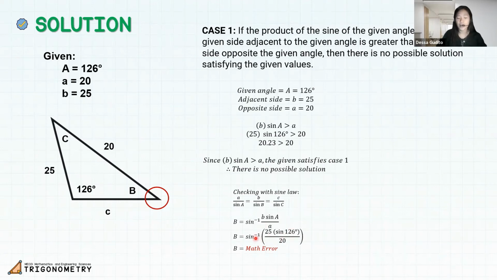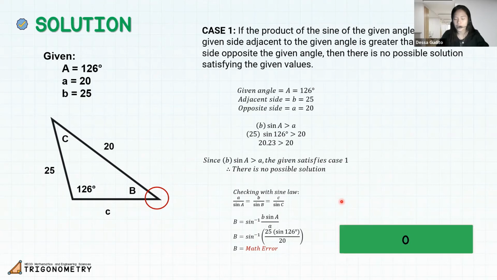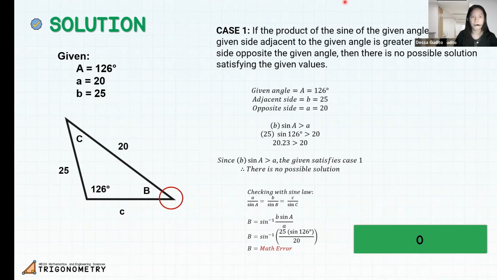It is because when we solve arc sine values greater than 1, there's no solution at all, so it will obtain a mathematical error. So the answer for this problem is 0. We cannot formulate a triangle with the given values that we have. And that would be all for the two problems that were assigned to me. Thank you very much for listening.